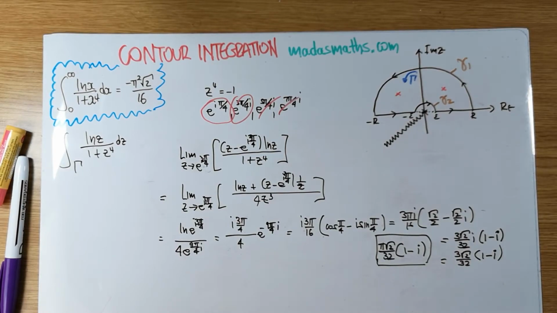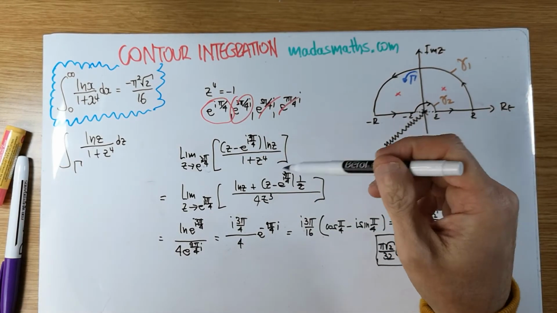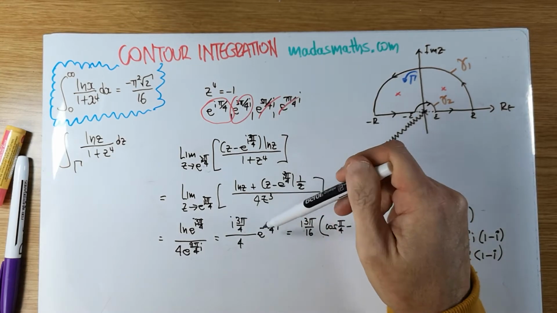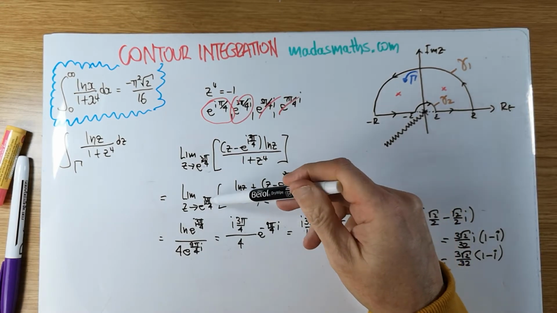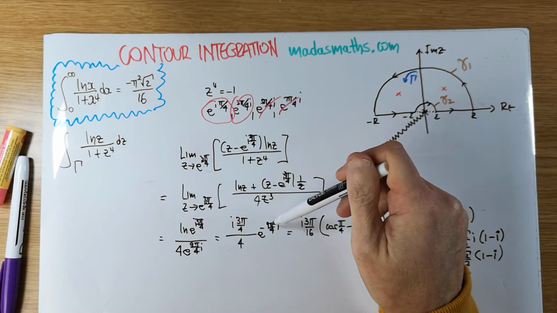So let's double check my workings here very, very quickly. 3 pi over 4.